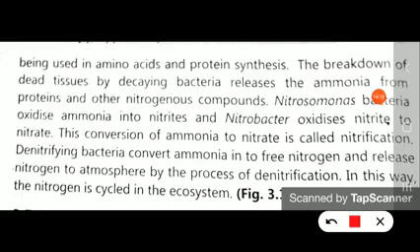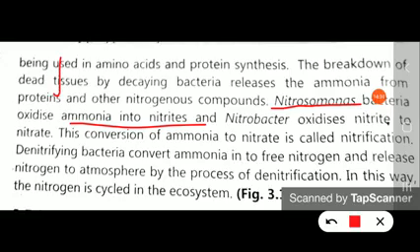Now here some other types of bacteria are present, that is nitrifying bacteria. How are they helpful in recycling? Nitrosomonas oxidizes ammonia into nitrite.